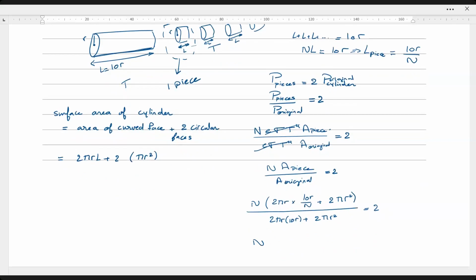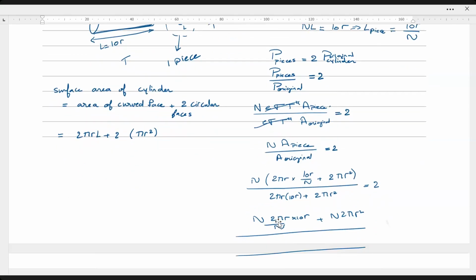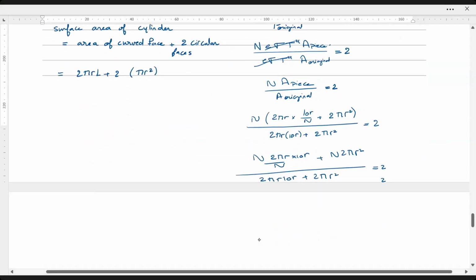So I'll expand my expression in the numerator. It will be 2 pi r times 10r over n, plus n times 2 pi r squared, divided by 2 pi r times 10r plus 2 pi r squared. And this is equal to 2, right?